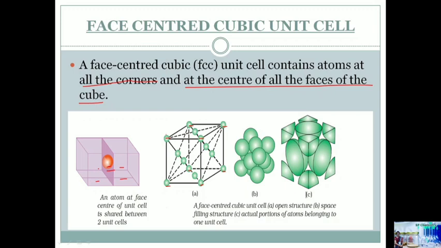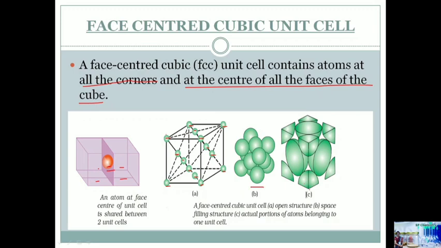And in FCC, how many faces does a cube have? 6 faces. So at each face center 1 atom is present. So 1, 2, here 3, here 4, this is 5, this is 6. So 6 faces of a cube and at each face center 1 atom is present. And this is a space filling structure.